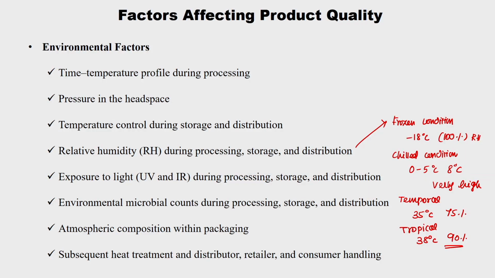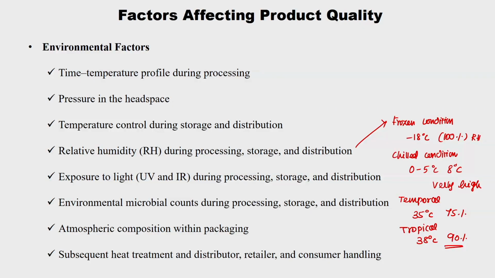For example, that product has to be strictly stored under refrigerated conditions. For example, for 3 days they might forget that, and after 3 days they put it in the refrigerated condition. Within those 3 days of normal atmospheric temperature storage conditions, we do not know how the product would be spoiled. So, that is also very important.